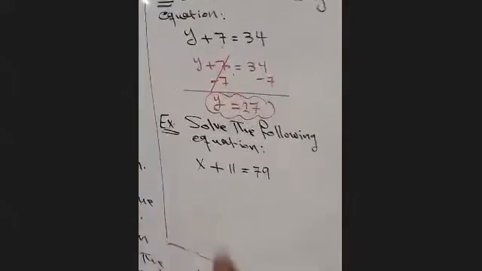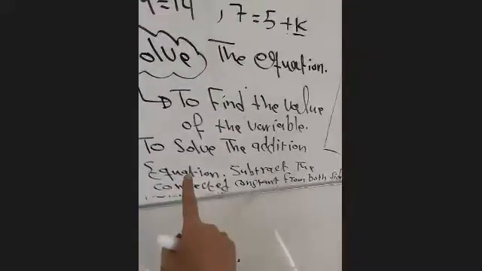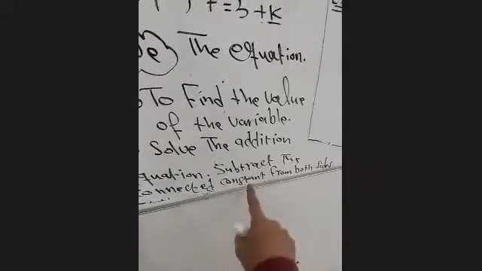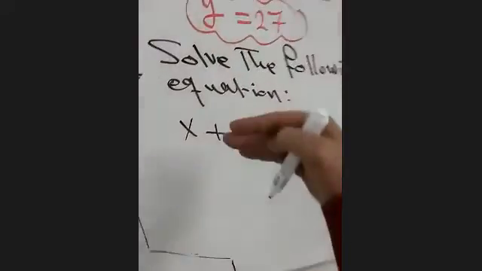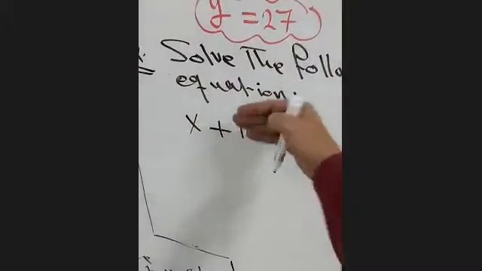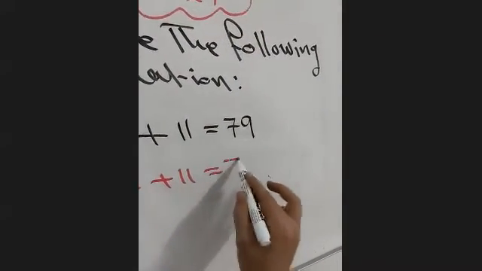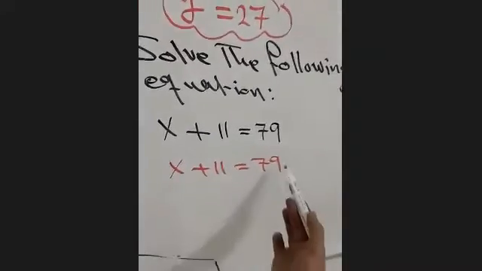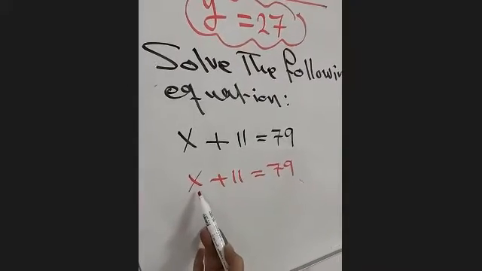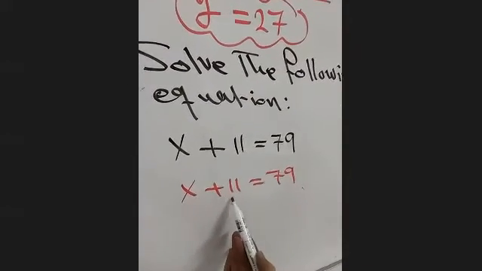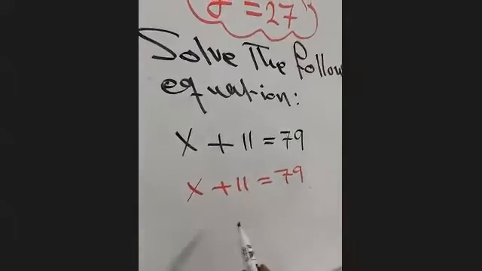Now to solve an addition equation, what did we say here? To solve an addition equation, subtract the connected constant from both sides. The first step, rewrite the equation. Write the equation again. X plus 11 equals 79. Now where is the variable x? What's the connected number? Plus 11. So I will subtract 11 from both sides like this.